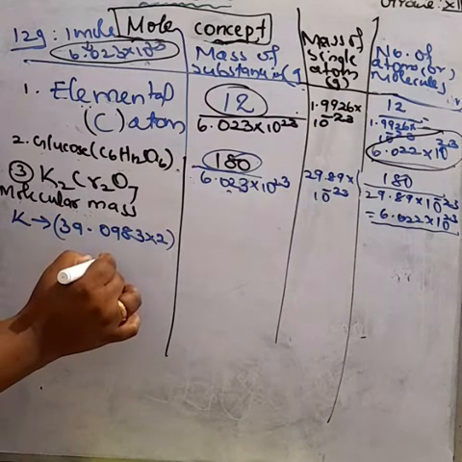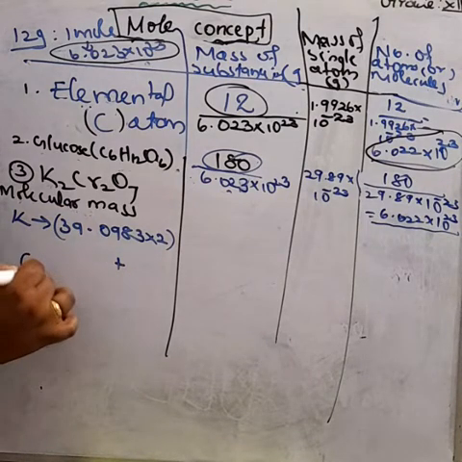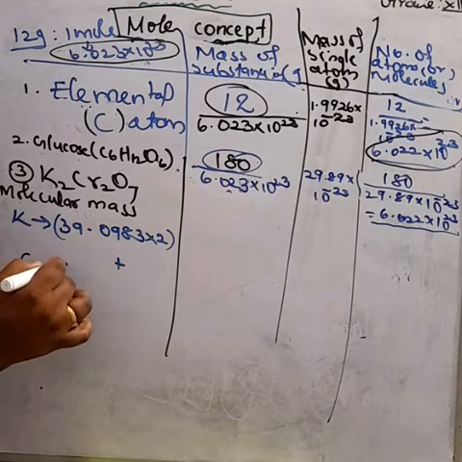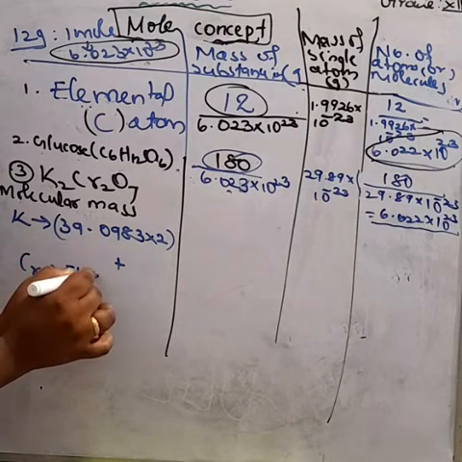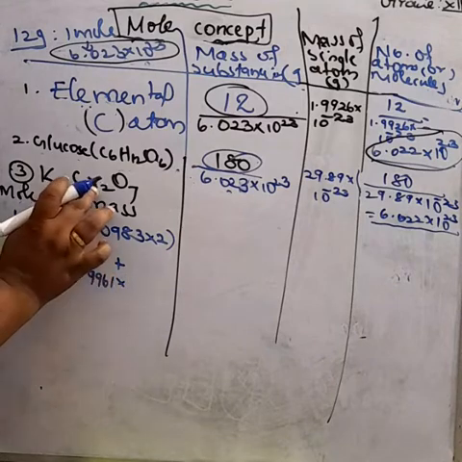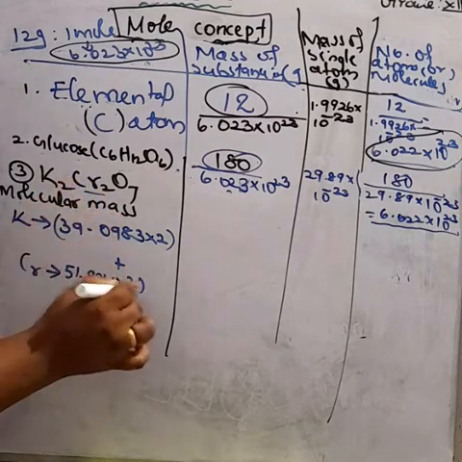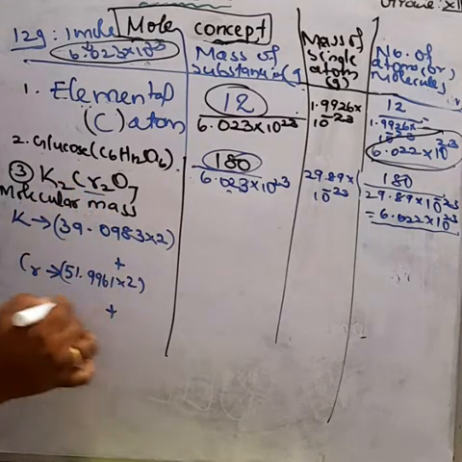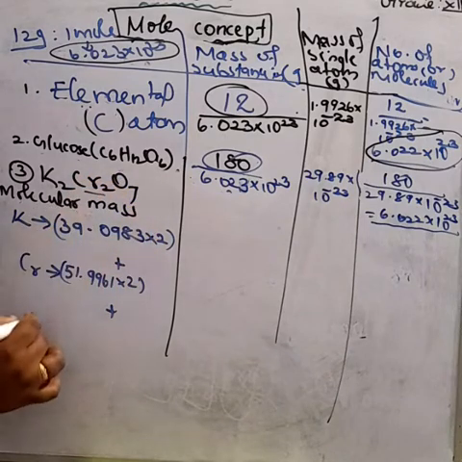So into 2, plus chromium. What is the atomic mass of chromium? 51.9961, into how many chromium atoms? 2. Into 2, plus oxygen. How much oxygen? 7. 7 into the oxygen atomic mass 16.